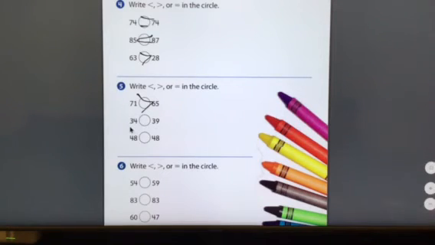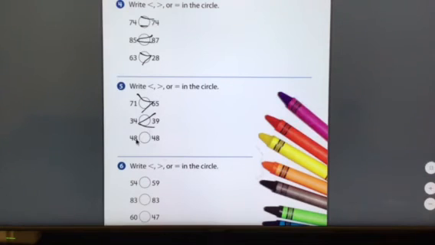You have a 3 in the tens place here and a 3 in the tens place here. So now you need to look at the ones. Here you have a 4 in the ones place, and here you have a 9 in the ones place. 4 is less than 9, therefore 34 is less than 39, and your symbol should be facing that way.